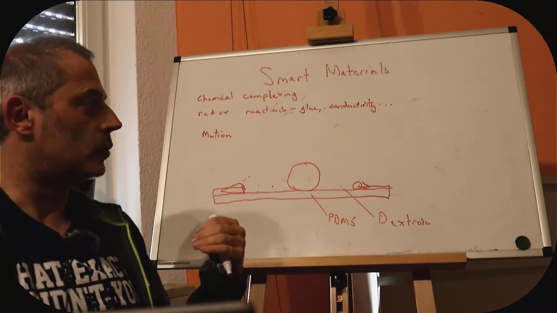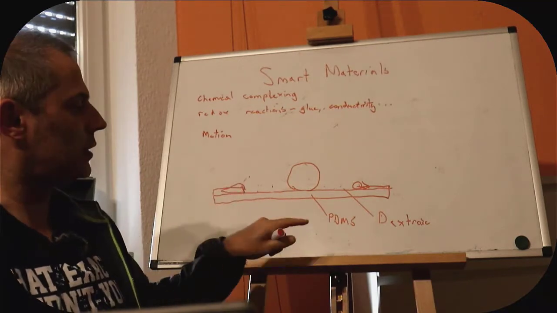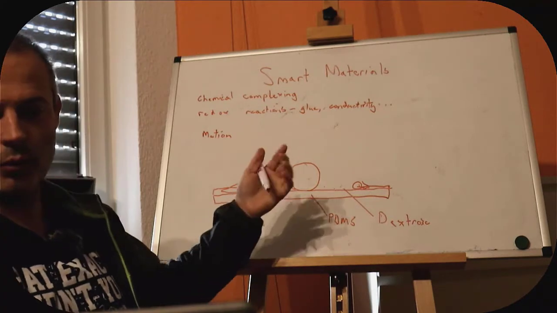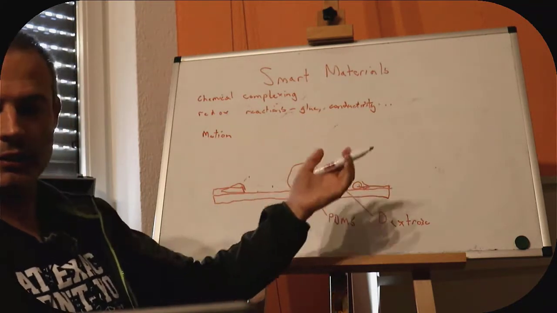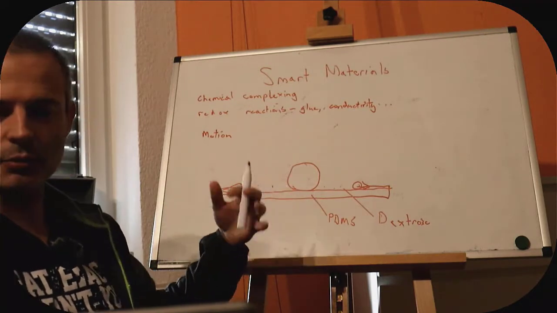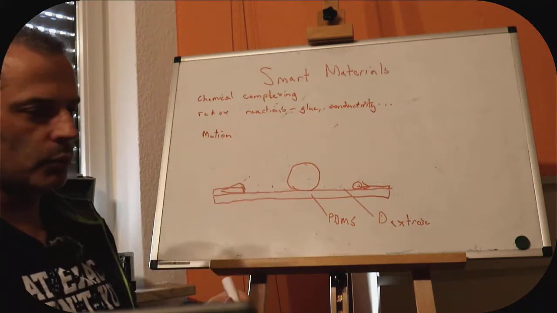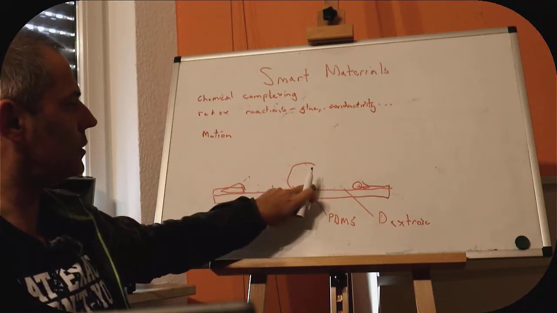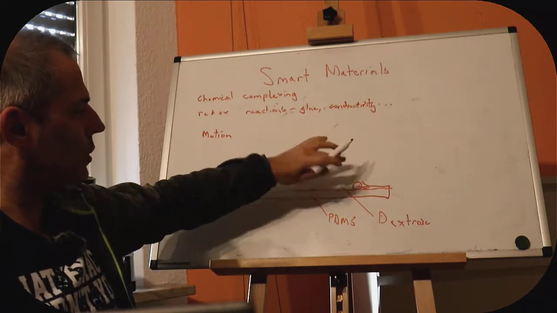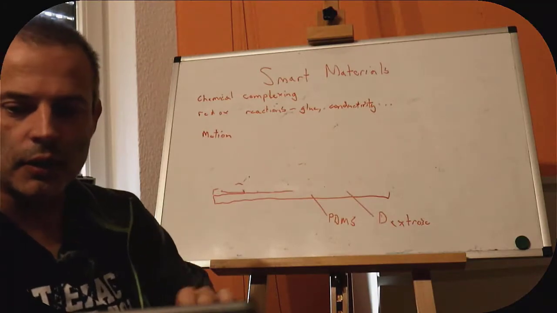If we now do the same thing, but we allow this PDMS to bend, so we make it thinner, or we don't attach it to something infinitely stiff like a piece of glass, which is effectively infinitely stiff compared to water surface tension, which is the force acting here, then we will end up with a different situation in the middle. So when it spreads, I'm going to have to rub this out and do it in a different way.